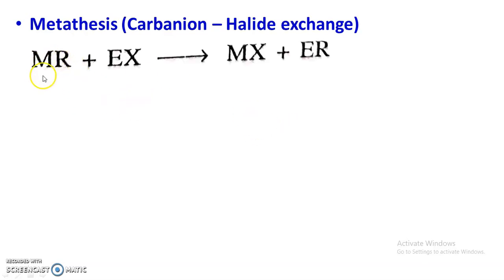For example, M-R, this organometallic compound, when treated with the halide E-X, a halide of a group 13, 14 or 15 element, there is a formation of M-X, that is a metal halide, plus an organometallic compound of a group 13, 14 or 15 element.